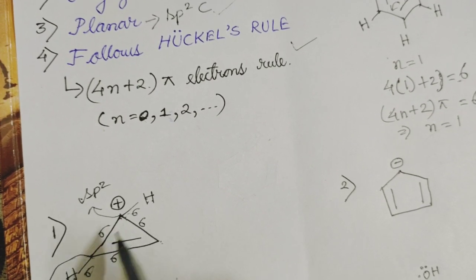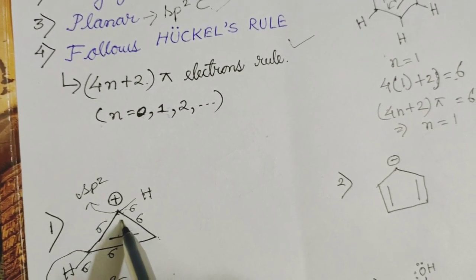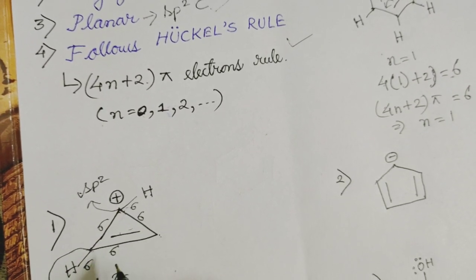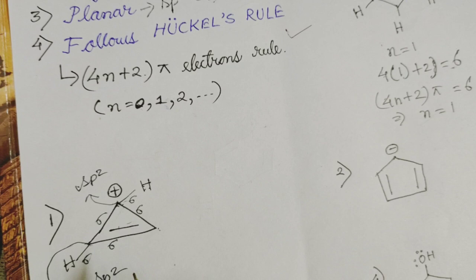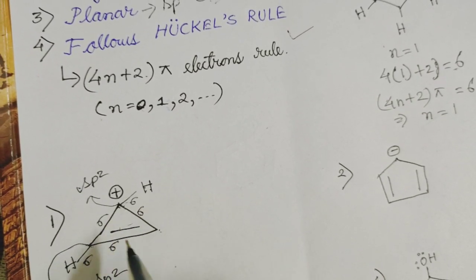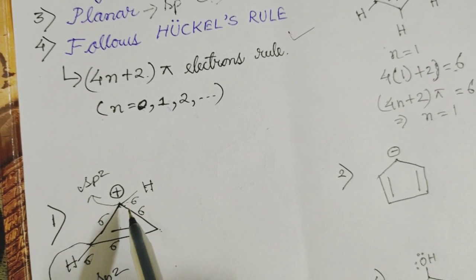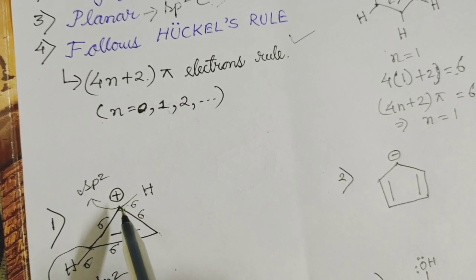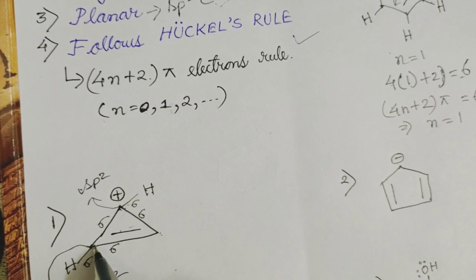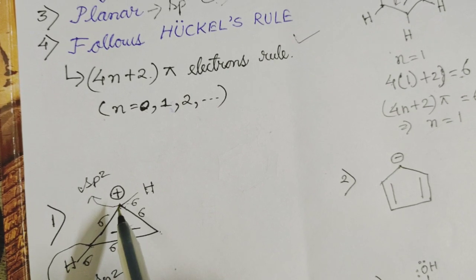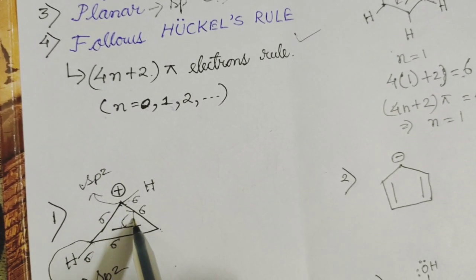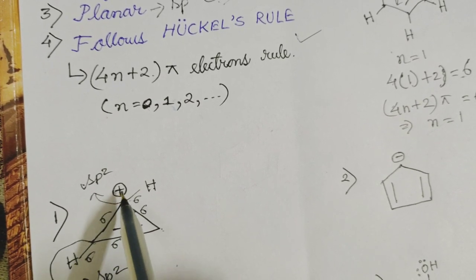Then it should have conjugation. This pi bond can actually move to this place. Since all these carbon atoms are sp2 hybridized, there is no sp3 hybridized carbon present which would interrupt the conjugation. Since all are sp2 hybridized, this pi bond can easily conjugate with this positive charge.